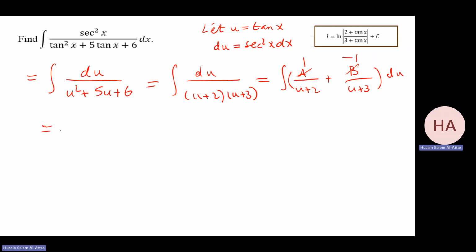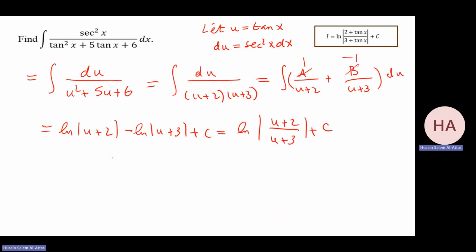So my answer will be ln of u plus 2 minus ln of u plus 3 plus c, where I can write it as ln of u plus 2 over u plus 3 plus c. Now we return to the variable x, so u becomes tan x: ln of 2 plus tan x over 3 plus tan x plus c, and that will be my answer.